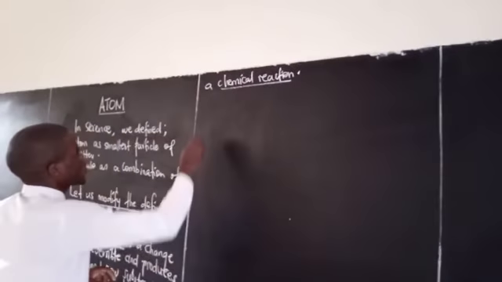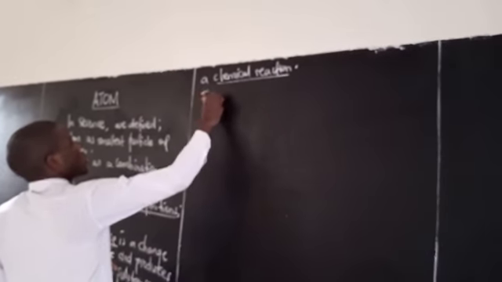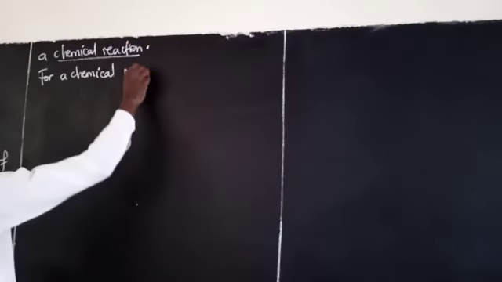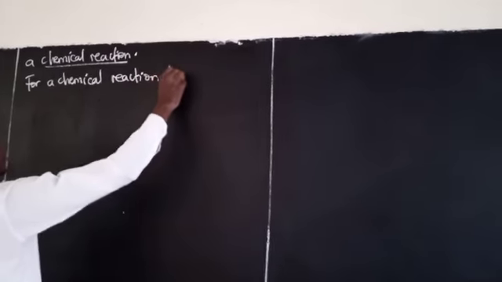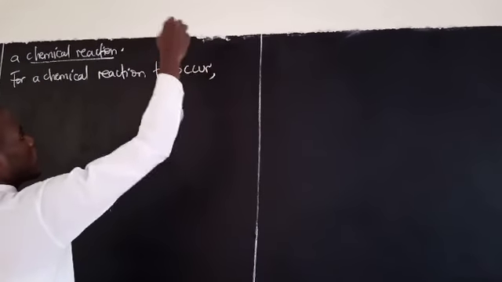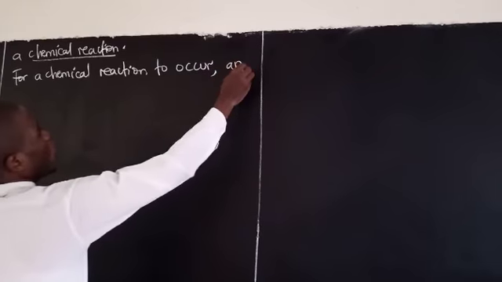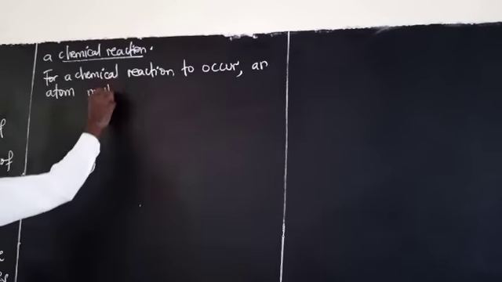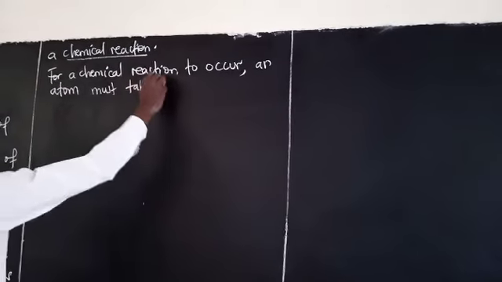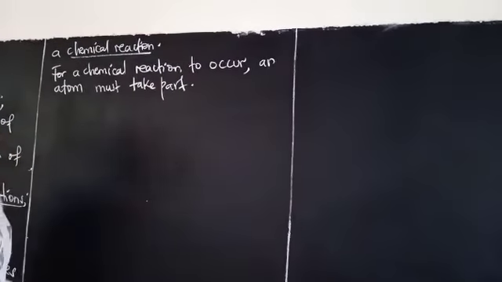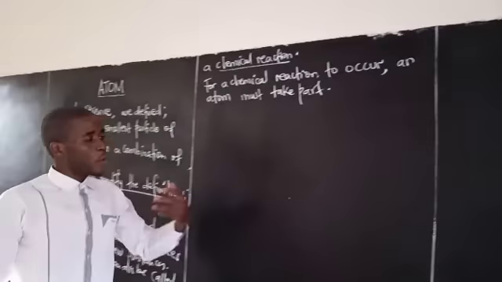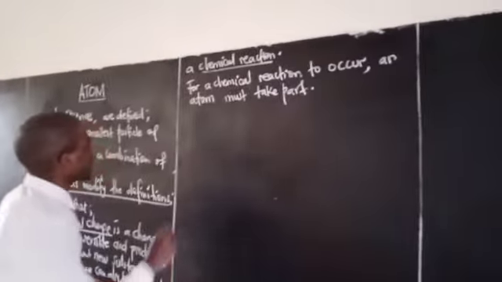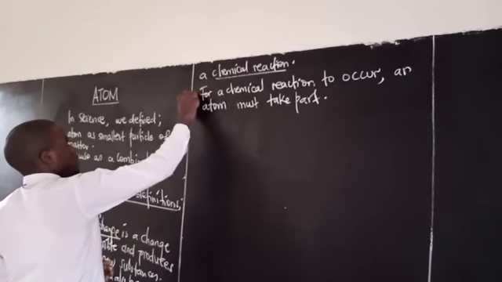This is why we are going to say that for a chemical reaction to occur, an atom must take part, must be involved. And I want us to keep this in mind.